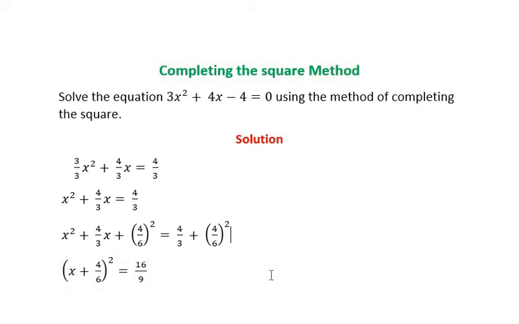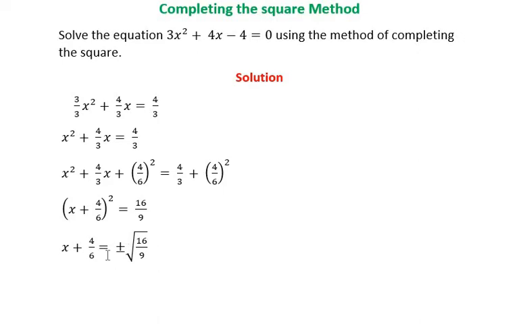From there, taking the square roots of both sides, we now solve for the value of x. x equals negative 4 over 6 plus or minus the square root of 16 over 9, and the square root of 16 over 9 gives us 4 over 3.